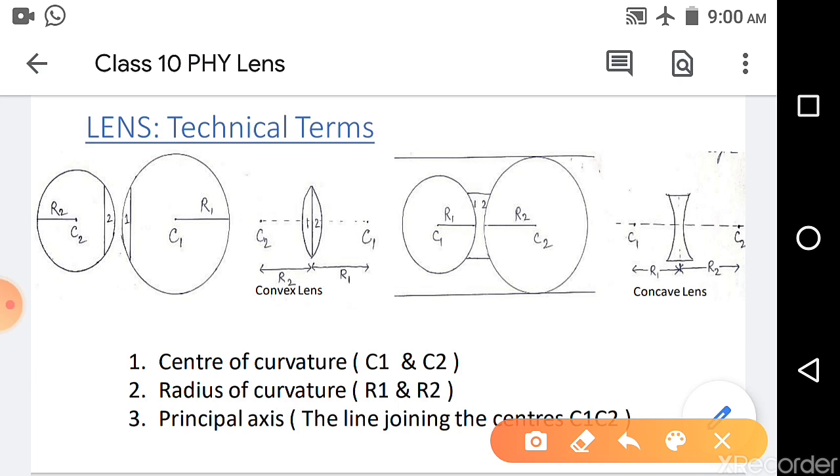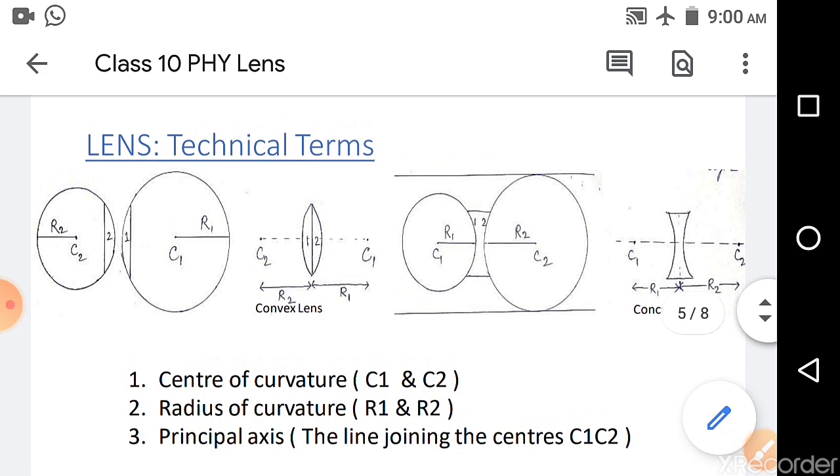The concave lens we can prepare like this: suppose we have a cylinder, and we cut a spherical part from the cylinder, and here also we cut another spherical part from the cylinder. At the middle of the cylinder this section is left, and this section acts as a concave lens.